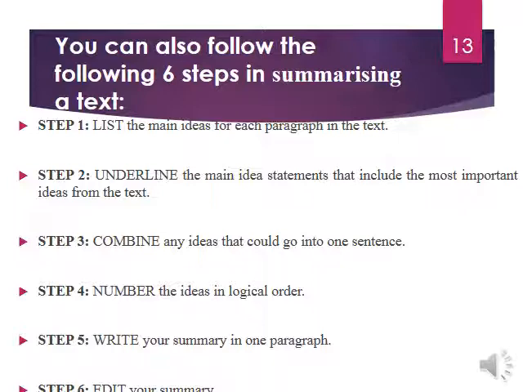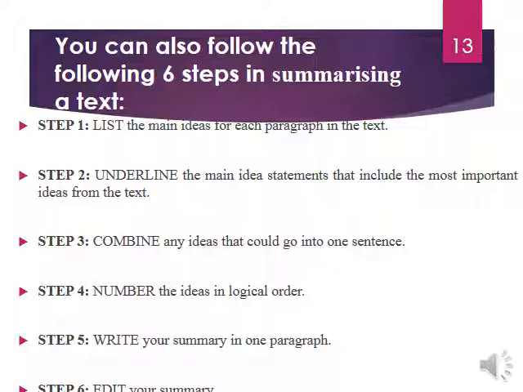Step two, underline the main idea statements that include the most important ideas from the text. You can find that some are very important, so try to underline those that are very important.